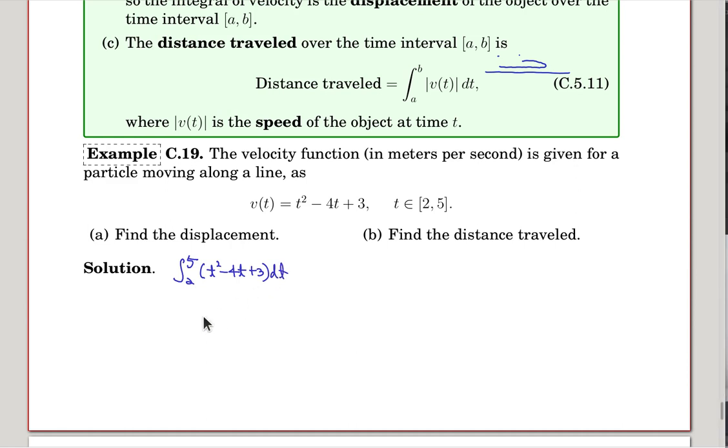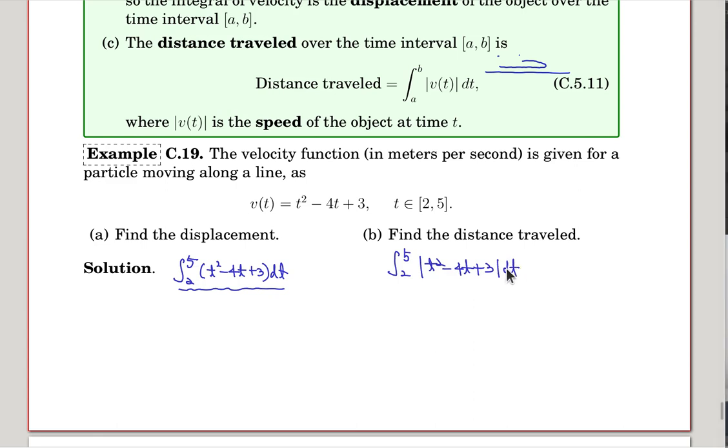If you get the integral, then you can find the final answer. Now, for the distance traveled, you have to integrate from 2 to 5 the absolute value of the velocity, t squared minus 4t plus 3 dt.